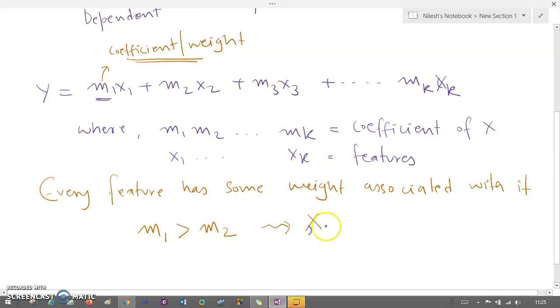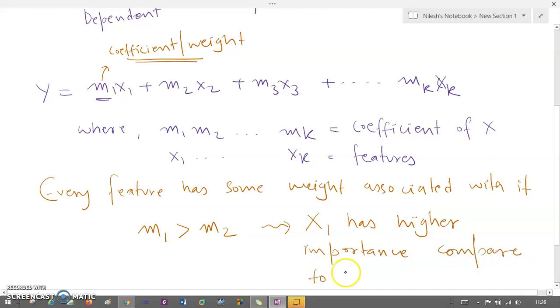It says that the feature x1 has higher importance compared to x2. So if one weight is much higher than the other weight, then you can say that the feature associated with that higher weight is going to have higher importance than the other feature. This is what it says.